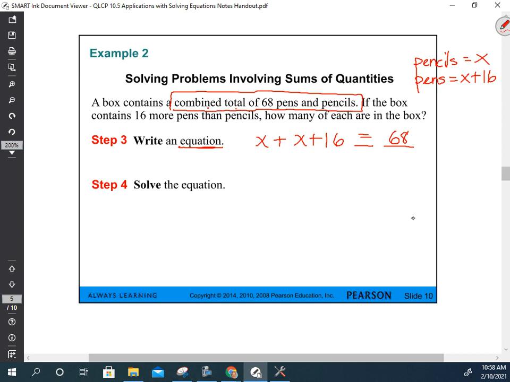So that means the number of pencils plus the number of pens has to equal 68. Take those two, add them together, that equals 68. So there's your equation. Any questions before we continue?